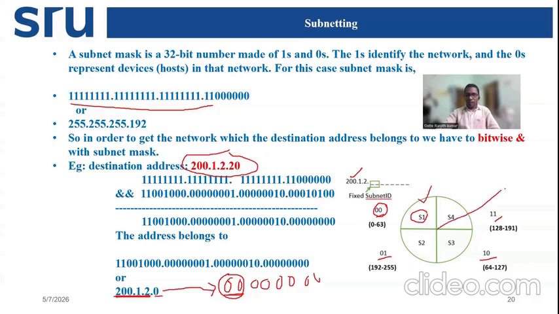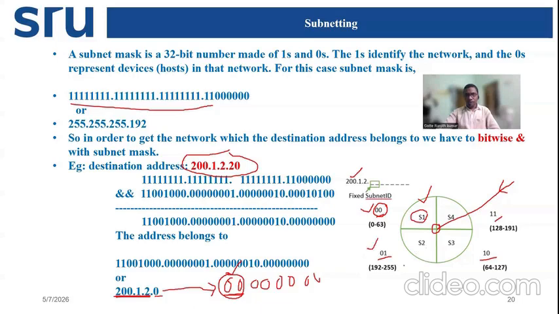Whatever packet or data is received from the outside network by this router, the router decides based on these first 2 bits: 00 is the S1 address, 01 is the S2 address.